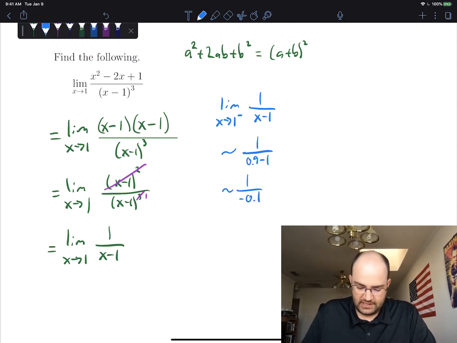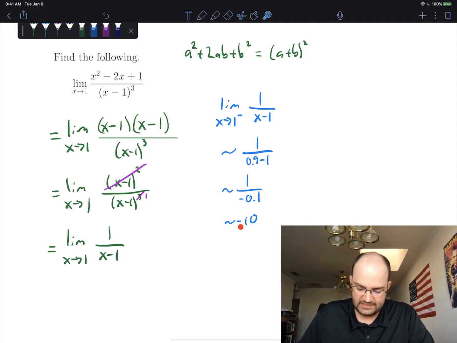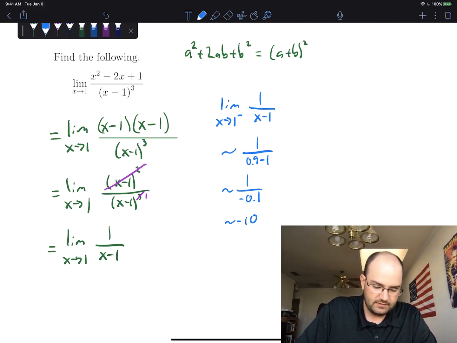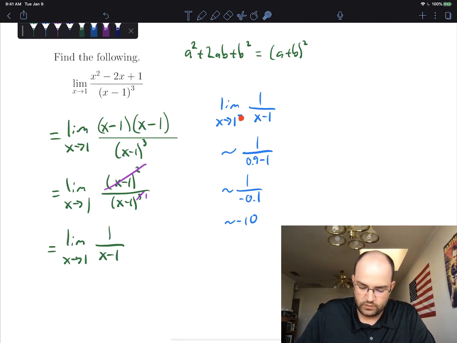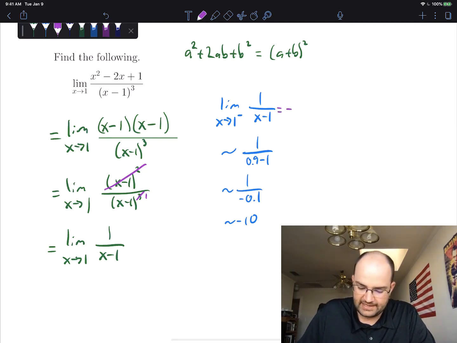And typing that into the calculator, that's going to give you negative 10. Now if you made this 0.99, that would have given us negative 100. 0.999 would be negative 1,000, and so on and so forth. But the important thing here is that this is negative. So this is telling me that the limit as x approaches 1 from the left-hand side of 1 over x minus 1 is going to equal negative infinity.